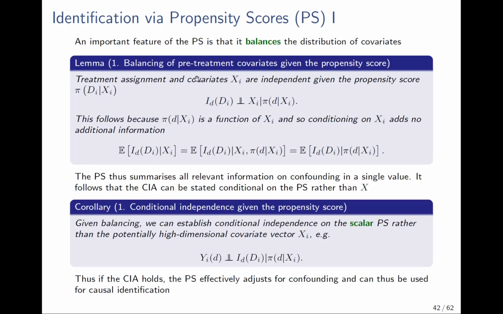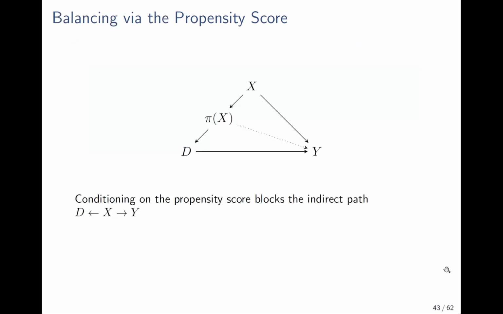And this balancing property follows simply because the propensity score is a function of the vector x, and so conditioning on x adds no additional information. I'll just show you how this looks in a DAG. This shows the balancing property via the propensity score.